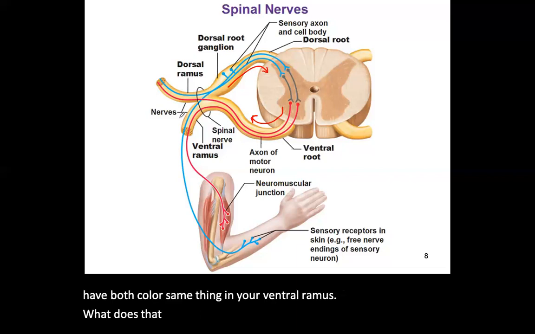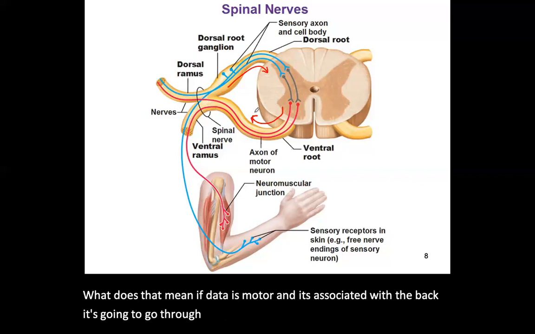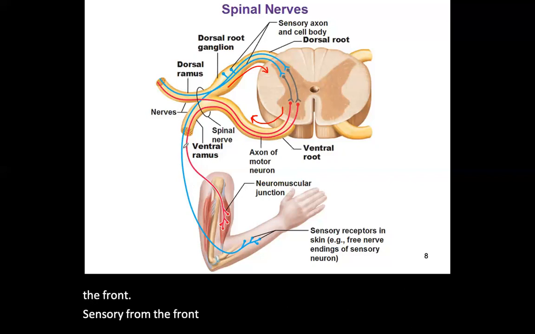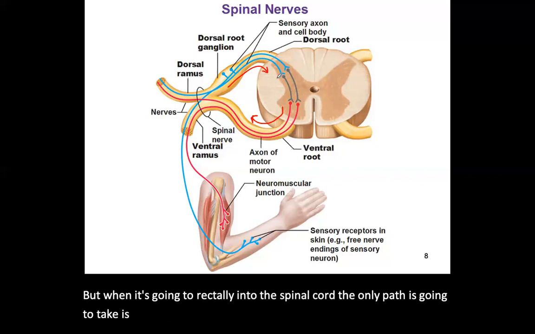If data is motor, and it's associated with the back, it's going to go through the dorsal ramus, but it can only come out from the ventral root. If, let's say, the data is sensory coming from the front, sensory from the front is going to be collected through the ventral ramus, but when it's going directly into the spinal cord, the only path it's going to take is through the dorsal root.